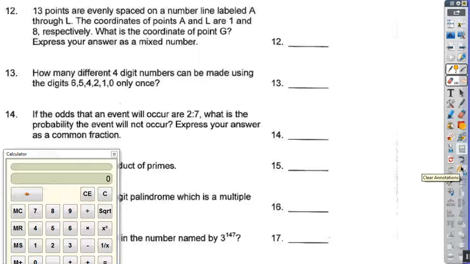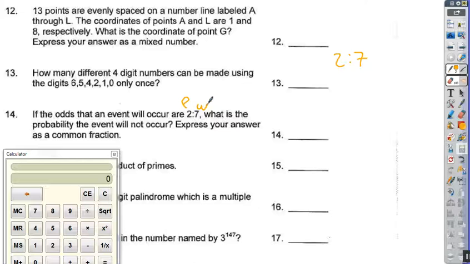If the odds that an event will occur are 2 to 7, what is the probability the event will not occur? Express your answer as a common fraction. All right, so this is a part-to-part ratio. 2 times it will occur, 7 times it won't occur.